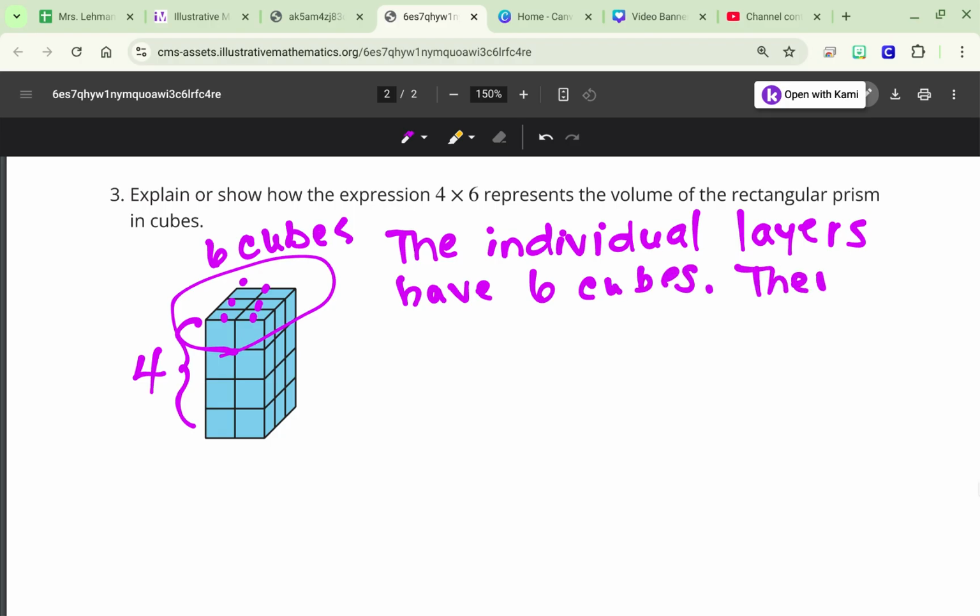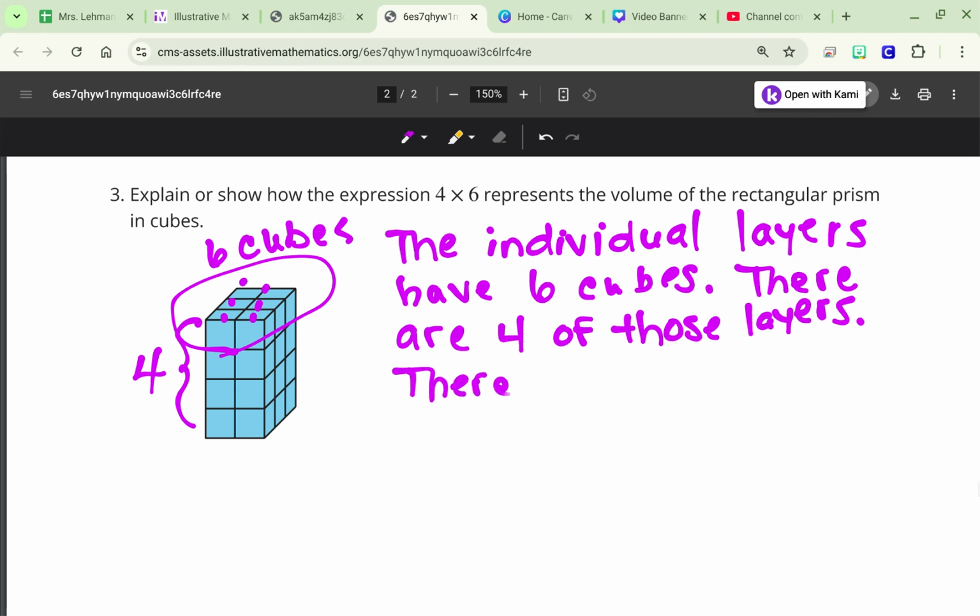There are 4 of those layers. Therefore, the volume is 4 times 6.